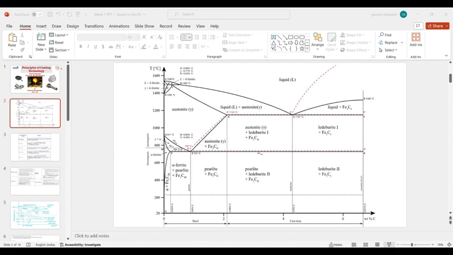Then coming to next one, which of the following statements are correct in the homogenization heat treatment of non-ferrous alloys? Homogenization of the compositions occurs spontaneously through diffusion. Dendritic segregation associated with inhomogeneity in composition occurs because of thermal and constitutional supercooling. So we are talking about homogenization heat treatment process.